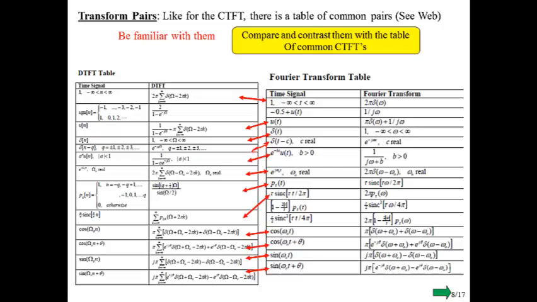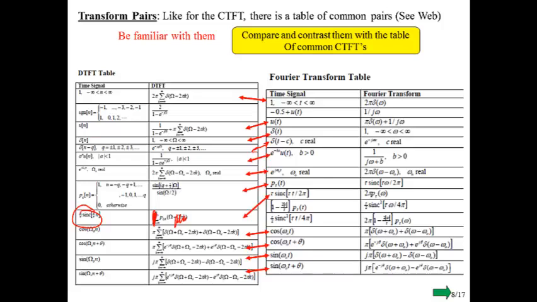So down here you can see there's one of those that has that summation and replica creating machinery. So instead we can think about the sinc really just transforms to a rectangle, just like before for the CTFT.